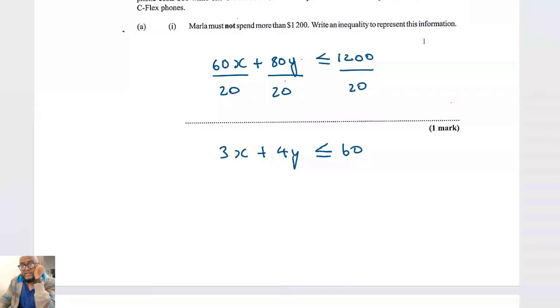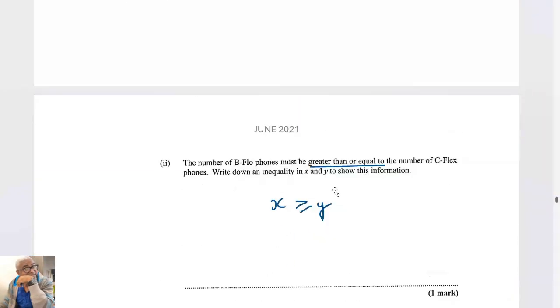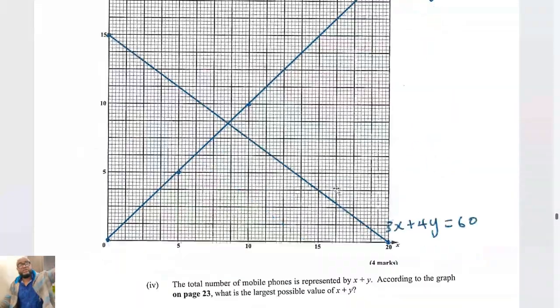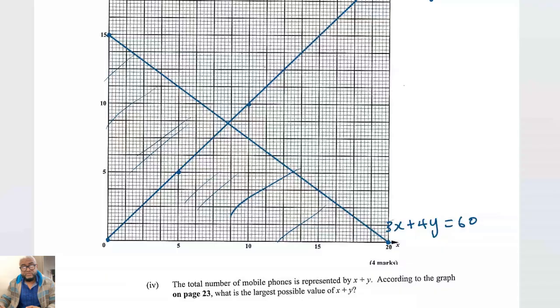To show that, less than or equal to means we are under the line. So my region is somewhere under here, but it's where the two clash, right?